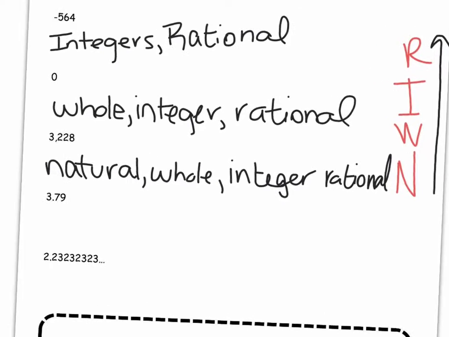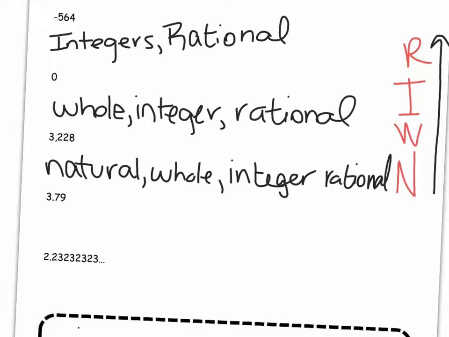All right, let's look at the next two. So the next one I have is 3.79. Okay, now this decimal at the end is what's going to change it up for me. That decimal knocks out natural numbers. It knocks out whole numbers. It knocks out integers.